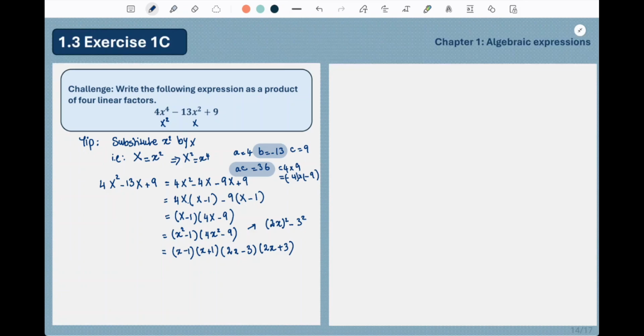And indeed, we did find a product of 4 linear factors, which is x minus 1, x plus 1, 2x minus 3, and 2x plus 3. And if you come across this question, please use this tip, otherwise you wouldn't get so far.